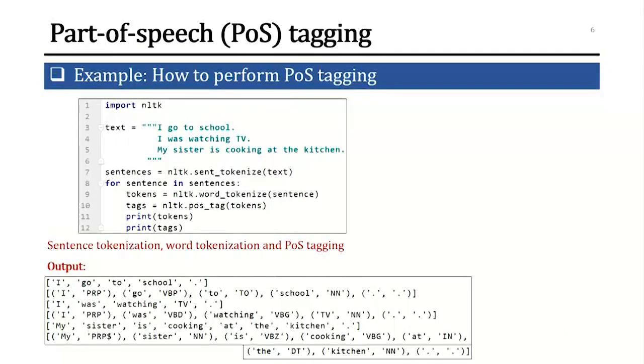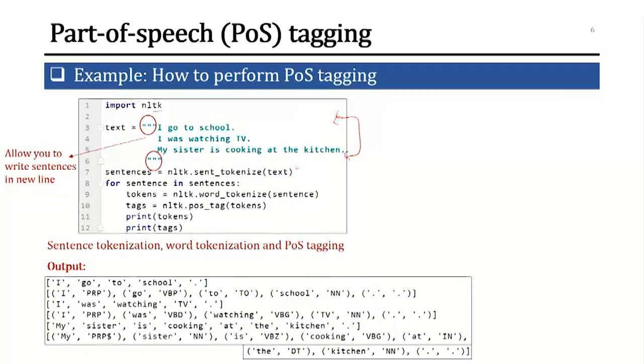Next, we will take a look at how to perform part-of-speech tagging using the NLTK library. From here, you can include the NLTK library. Suppose that we have 3 sentences here. We store them in a variable text. In Python, to be able to write information in multiple lines, we can use triple quotes here so that you can type whatever you want using new lines.